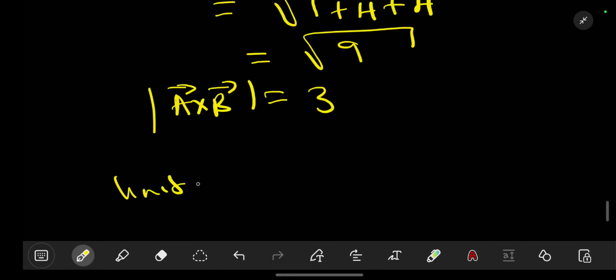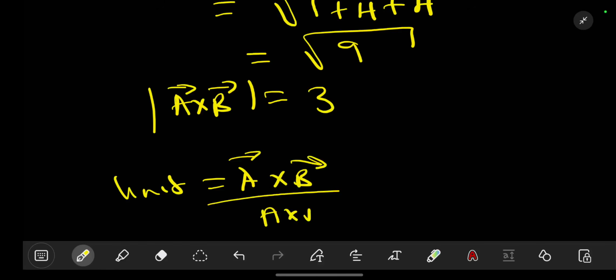So the unit vector, we have said that it is equal to that vector over its magnitude like that.